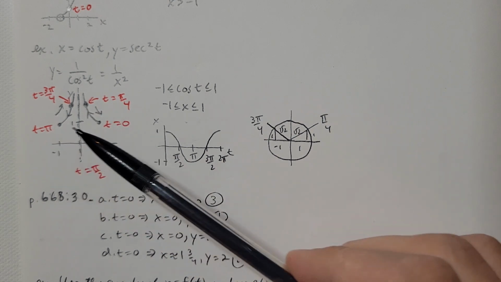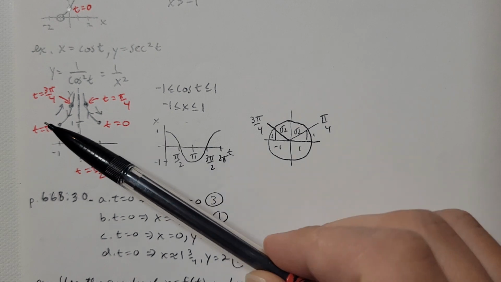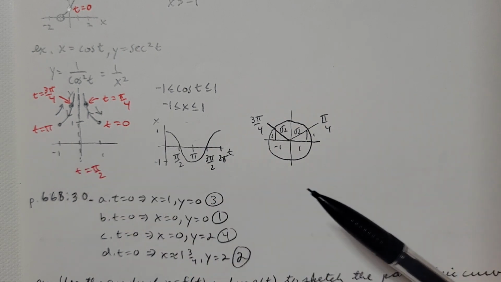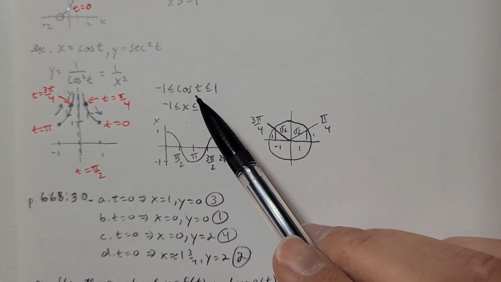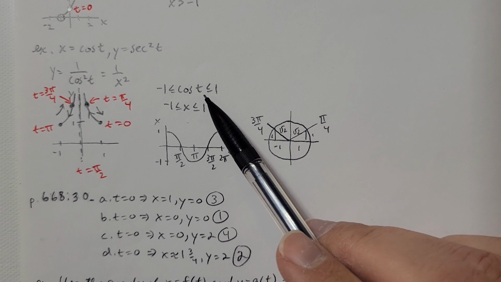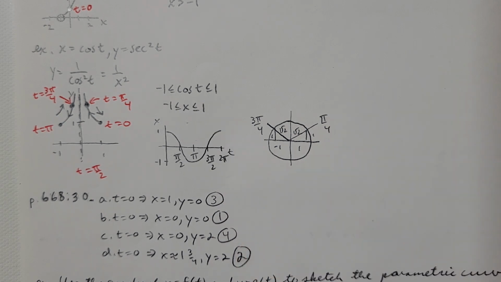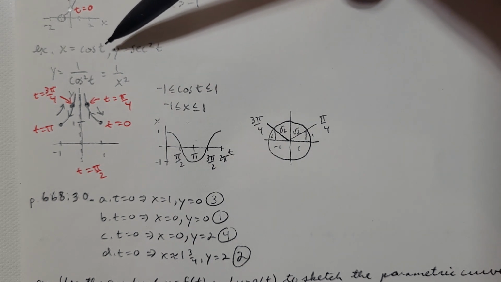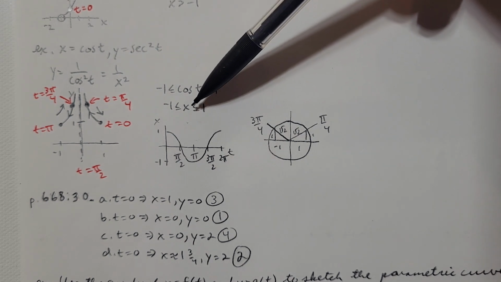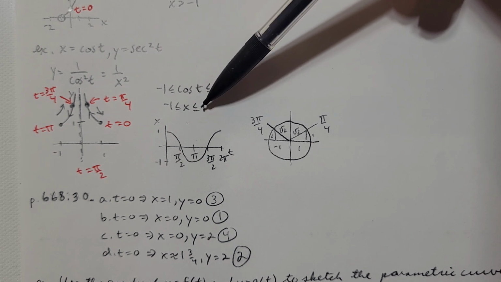And now notice how I didn't draw this curve when x is bigger than 1 or when x is less than -1. Well, that's because I know that cosine of t is always going to be a number between 1 and -1. That will always happen for any value of t, right? Now, x is cosine t, so that means that x has to be a number between -1 and 1.